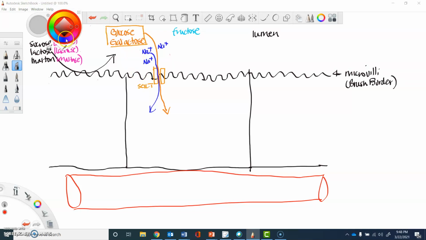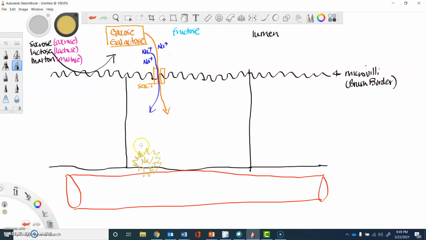So along the basolateral edge over here, we have a special thing called the sodium-potassium pump.